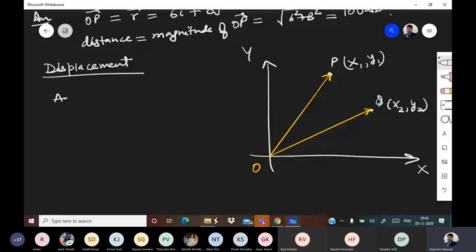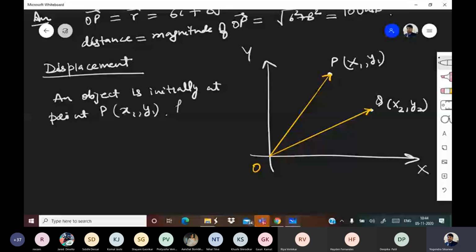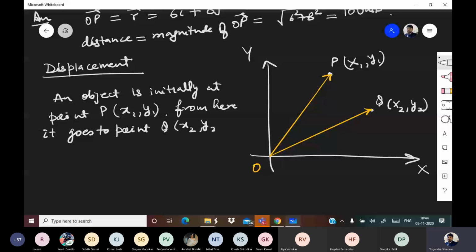An object is initially at point P, (x1, y1). From here it goes to point Q, (x2, y2).